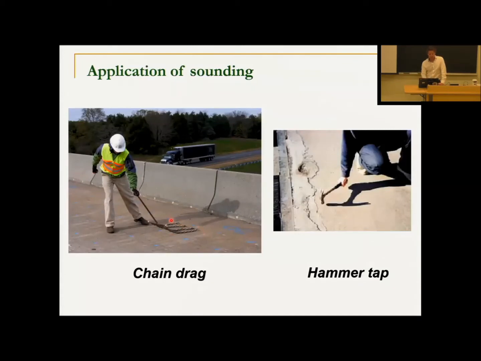So we just drag and listen, and if we hear something, the inspector marks it and says, aha, there's a problem here, and then, here the problem ends, and so this region has a defect under it, physically marked, right?